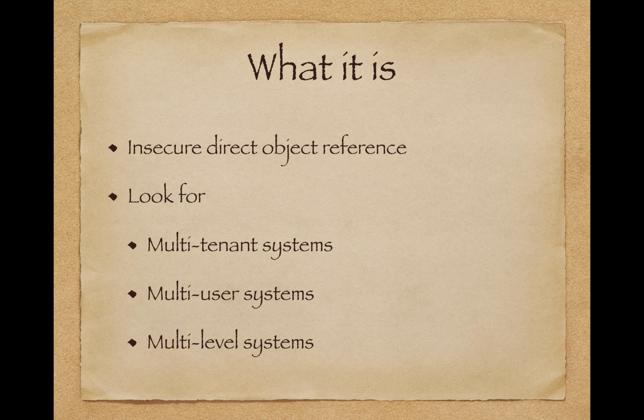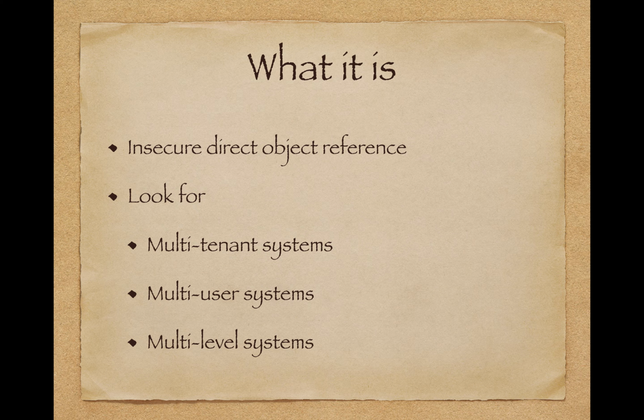It's actually when you have an object, like for example, I'm going to use a company here. Companies can create invoices. That invoice is an object, that company is an object, and you have to have a way to identify your objects. So for example, the company needs to be identified by its identifier, and sometimes those identifiers are sequential.